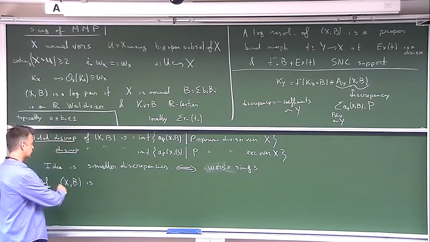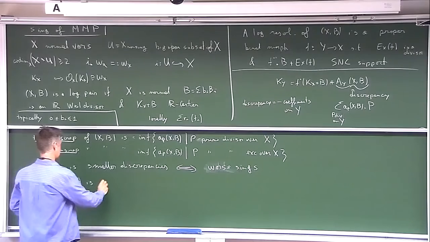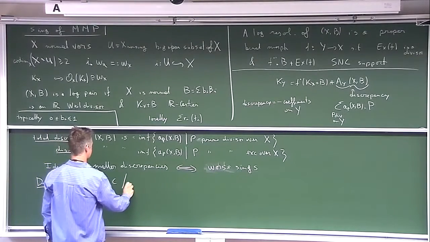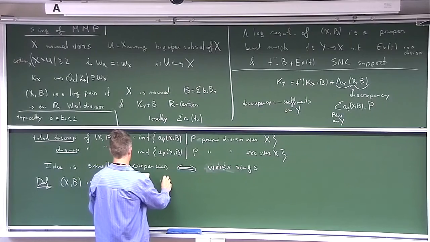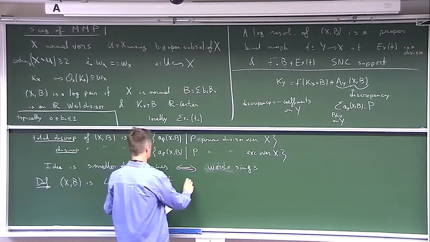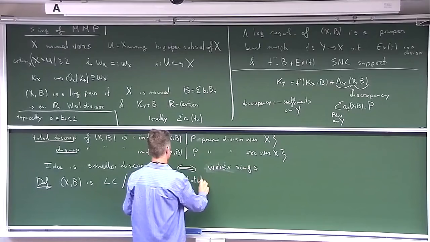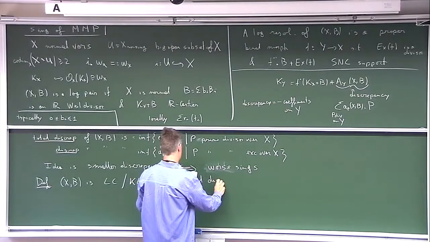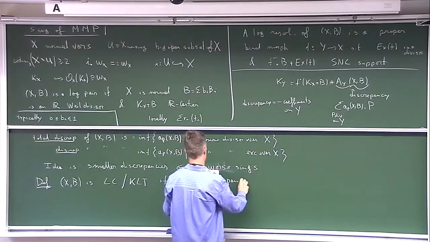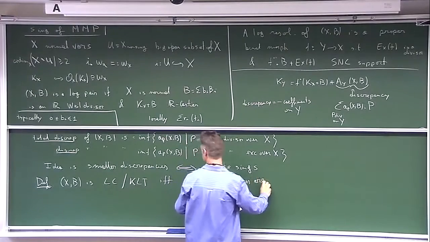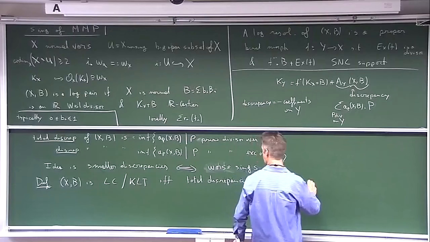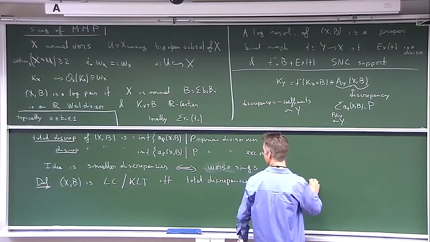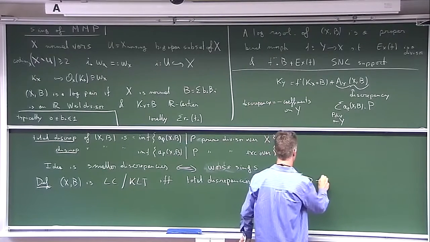Okay, so definition: (X,B) is log canonical, respectively Kawamata log terminal, if the total discrepancy is greater or equal to -1 for log canonical, and strictly greater than -1 for Kawamata log terminal.